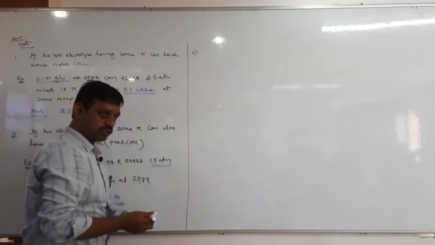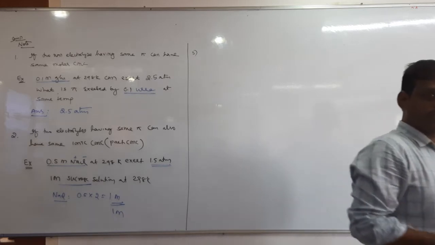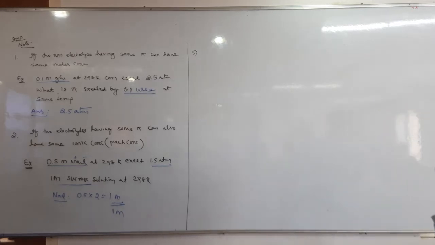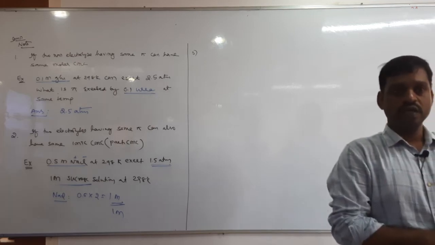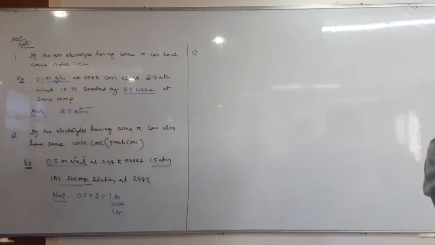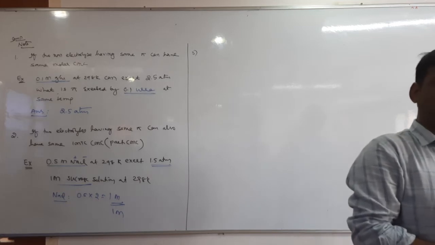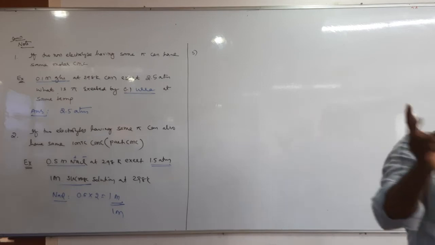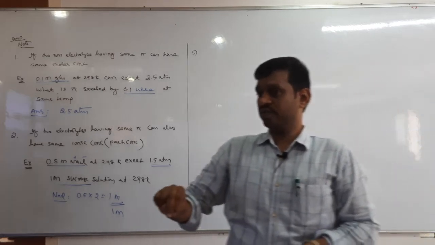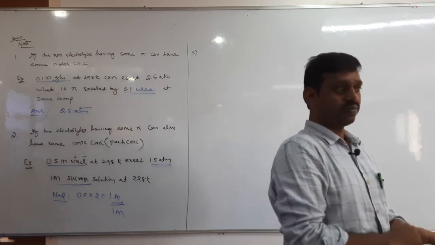Suppose there are two solutions. Their osmotic pressures are pi 1, pi 2. If these solutions are mixed, what is the resultant osmotic pressure? Again, there are two conditions. Condition 1, if the two solutions have the same solute. Condition 2, if the two solutions have different solutes.